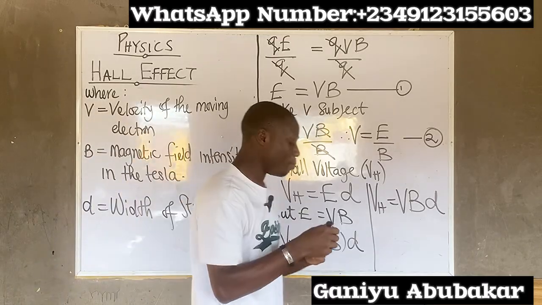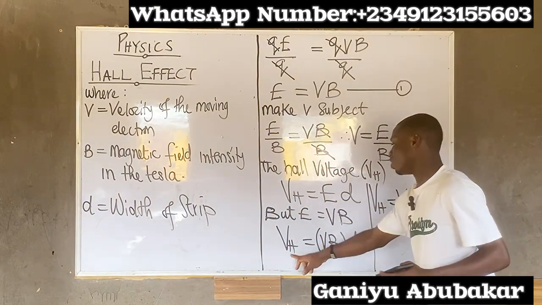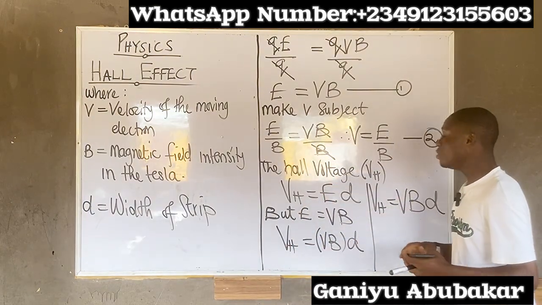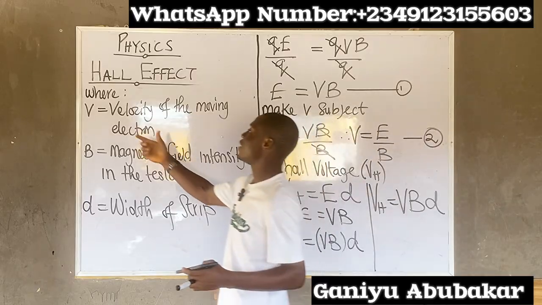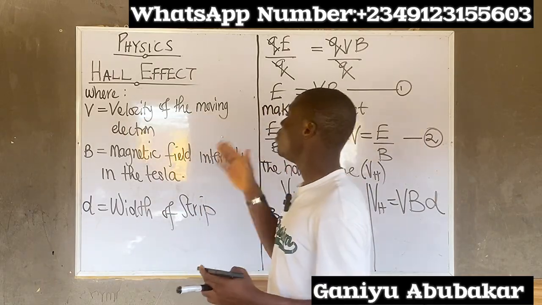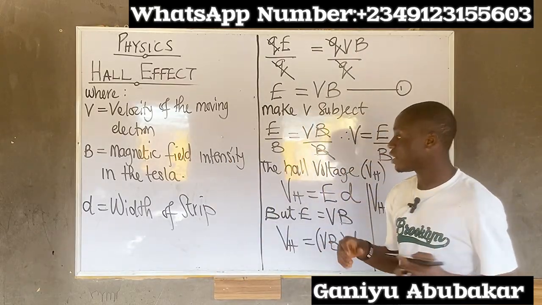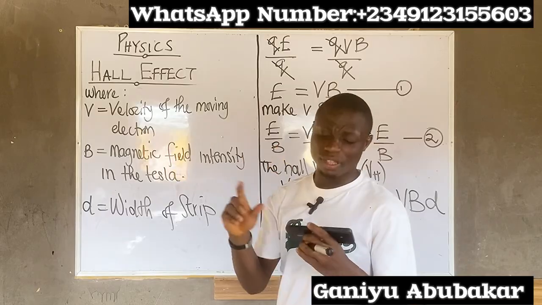So I have these parameters well defined. For Hall voltage, VH is given by VBd, where V signifies the velocity of the moving electron, B signifies the magnetic field intensity in Tesla, and d signifies the width.